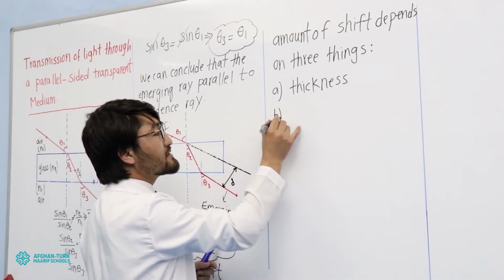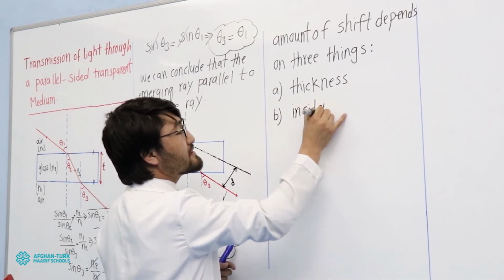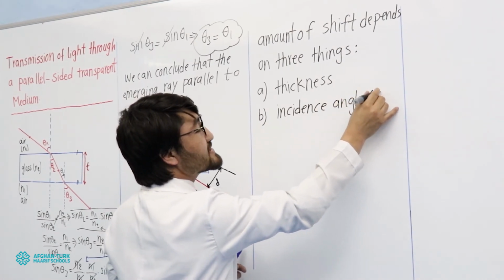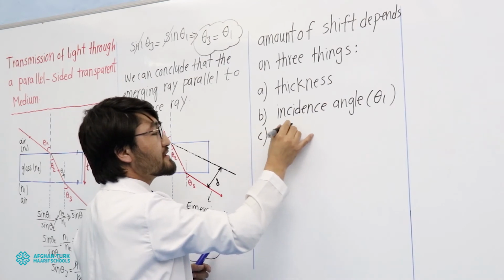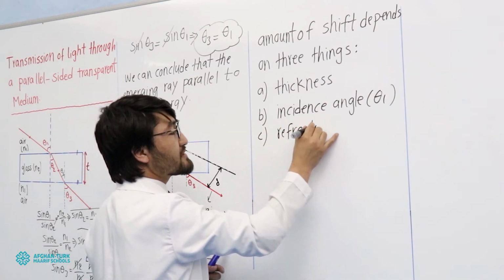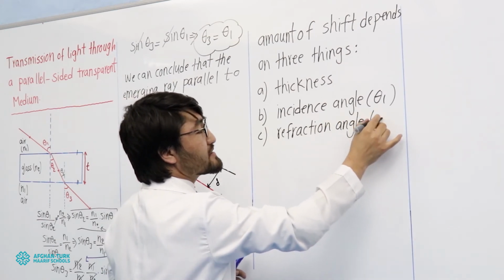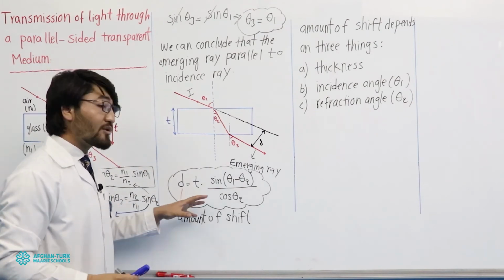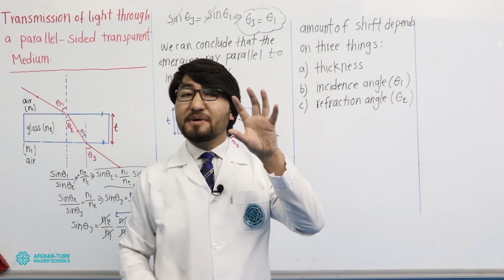B, incidence angle. It means theta 1. C, refraction angle. The refraction angle is theta 2. This equation told us that the amount of shift depends on three things.